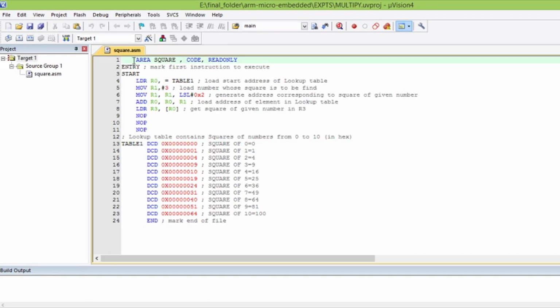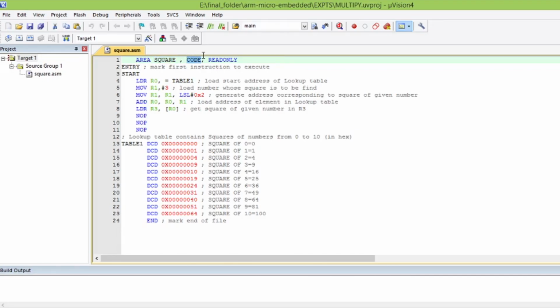The very first thing we see here is AREA, which is an assembler directive which instructs it to give a segment or an area in the memory in order to store all these instructions. Then we have a random name here.